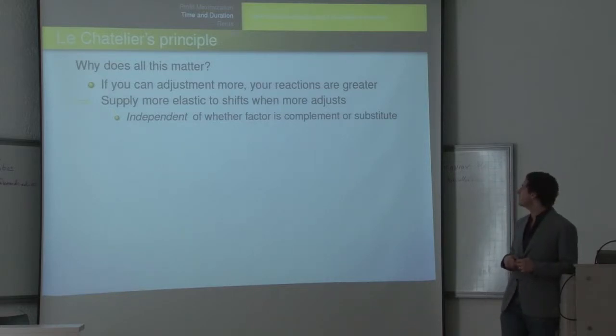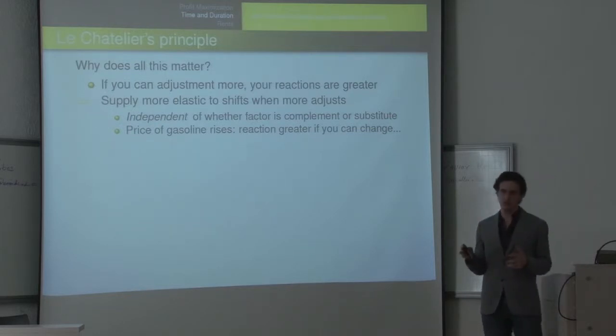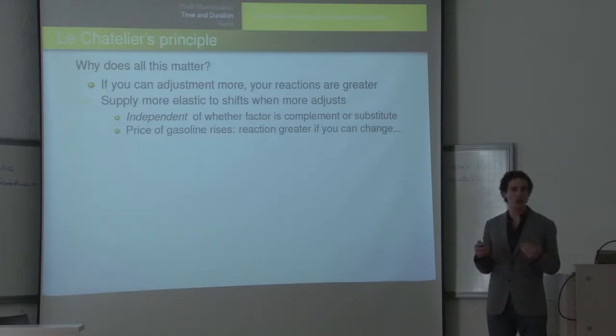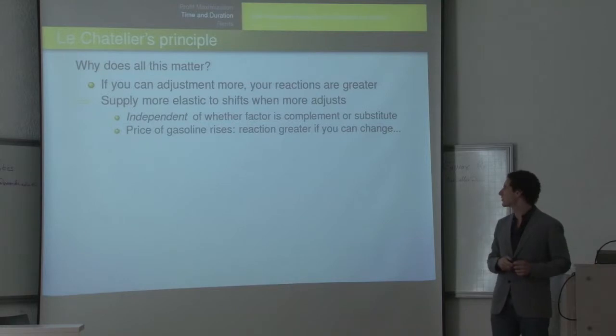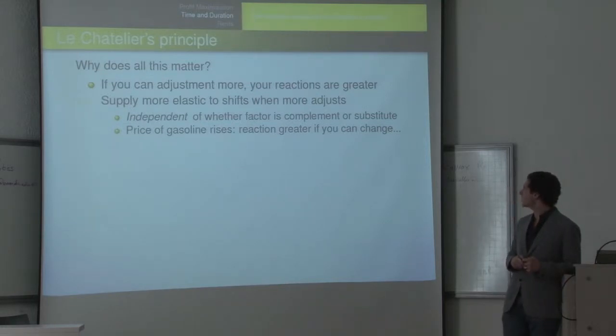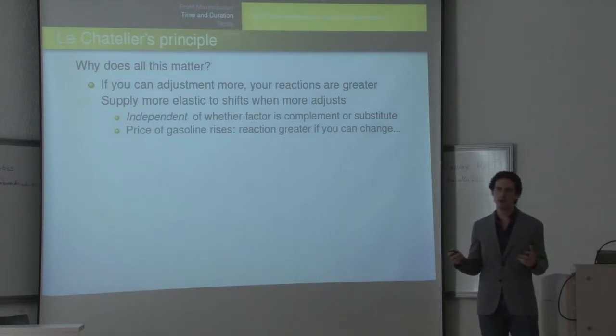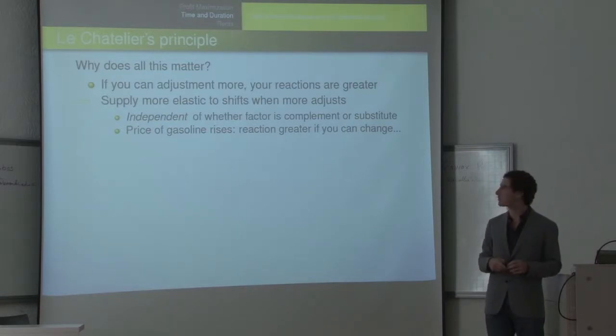So independent of whether the factor is a complement or substitute, the more you're able to react, the more you can adjust things over that time period. So if the price of gasoline rises for a long period, the demand usually falls by more.